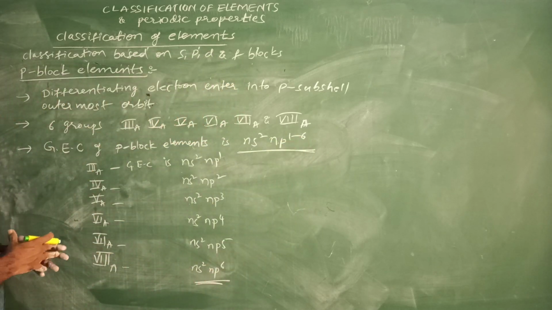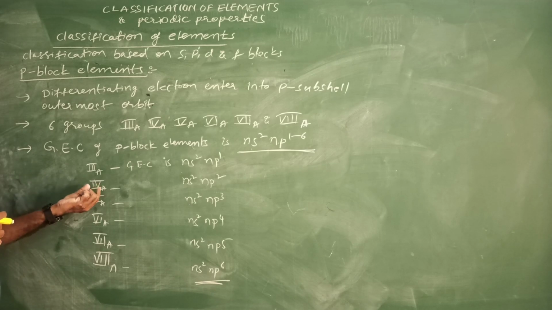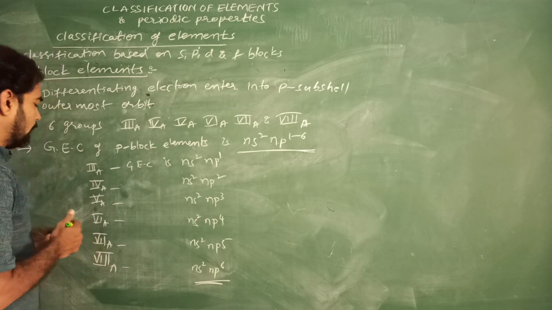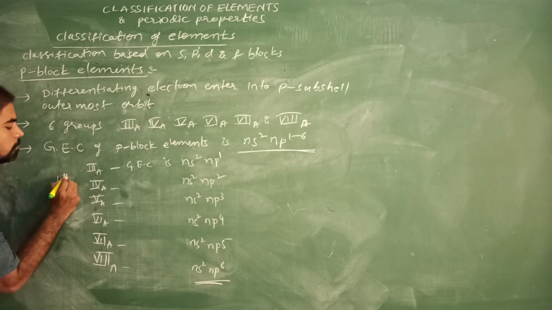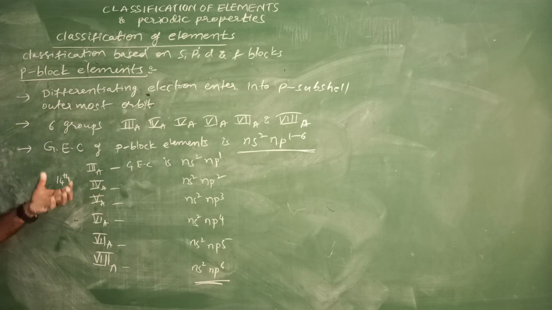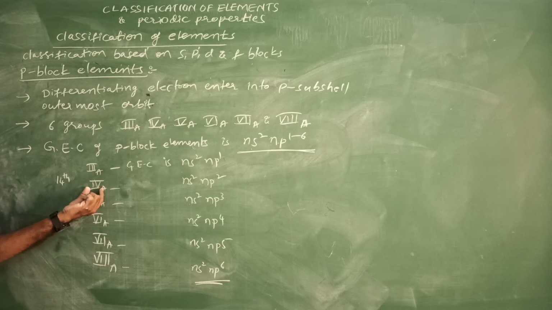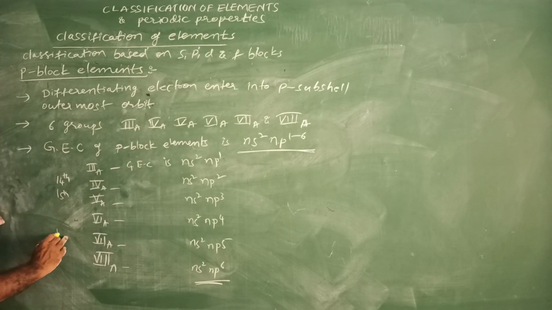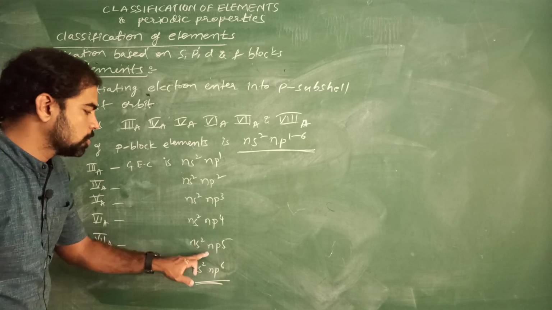For example, in your examination, what is the general electronic configuration of 4th A group elements? ns2 np2. Otherwise, 14th group. 4th A or 14th group: in Roman letters that is 4th A, whereas in numbers that is the 14th column. 5th A, 15th. For example, what is the general electronic configuration of the 17th group? 17th group means 7th A group: ns2 np5.